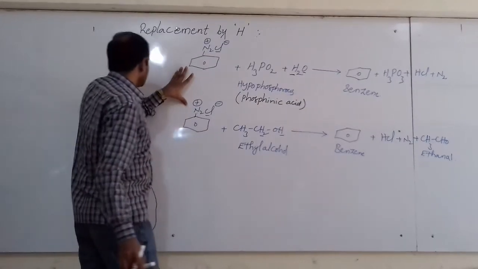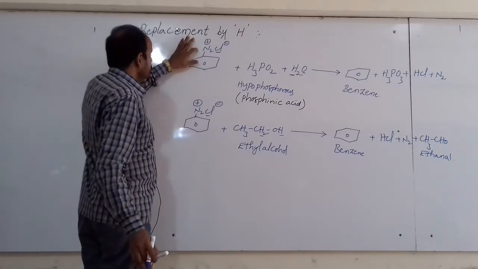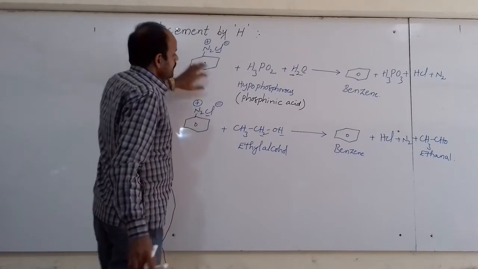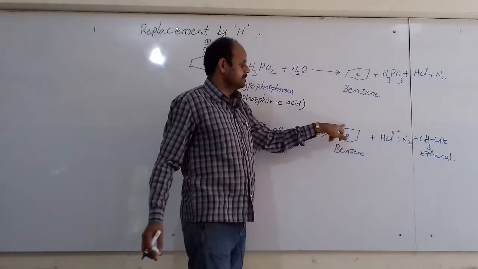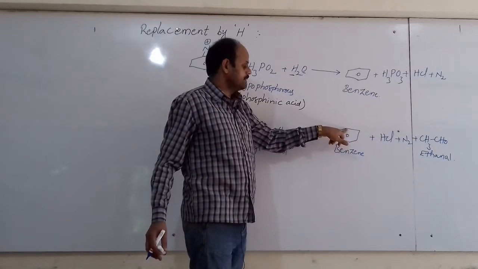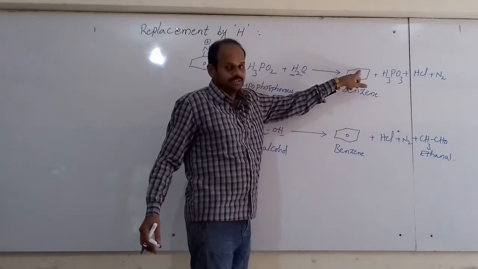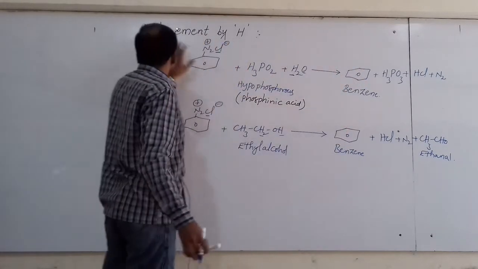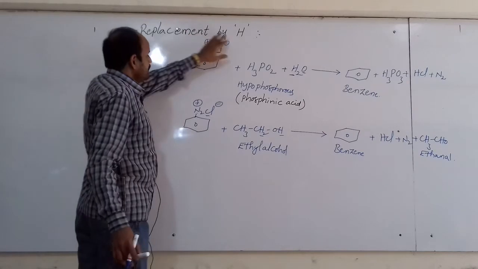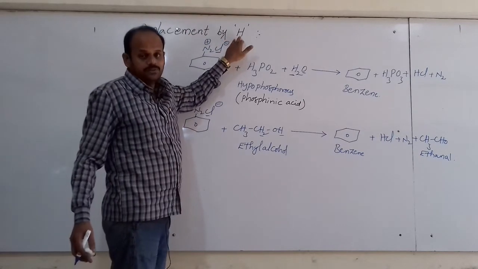Thus in these two reactions, here the N2Cl group is replaced by a hydrogen atom, okay, because each carbon has two hydrogens here in benzene. Thus this azo group can be replaced by hydrogen also.